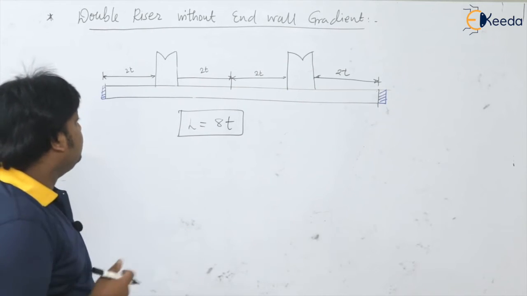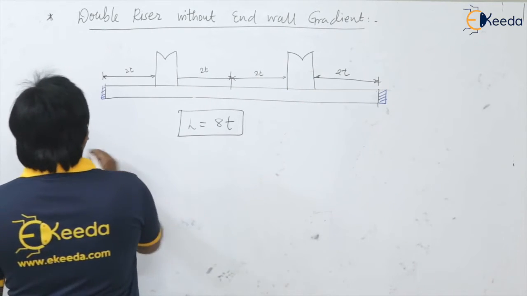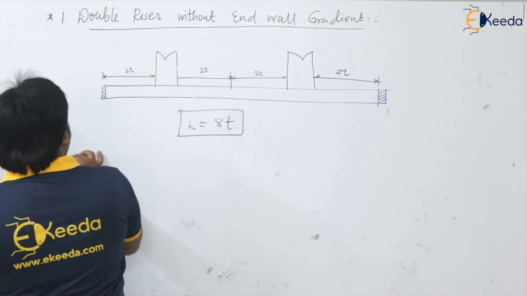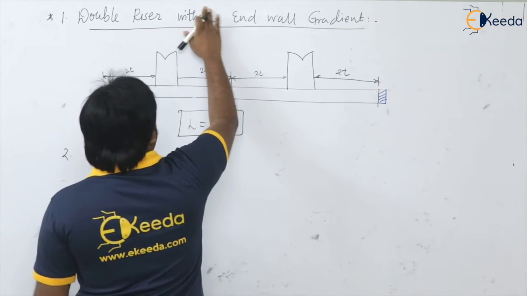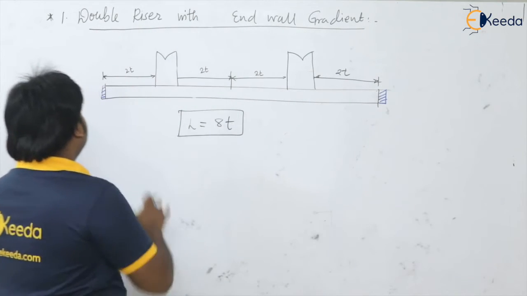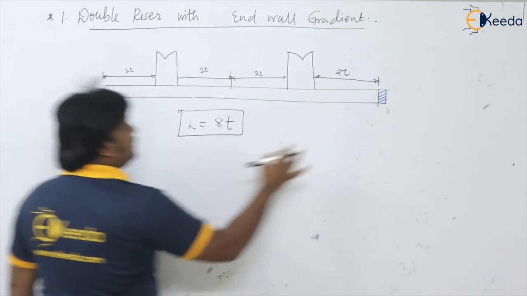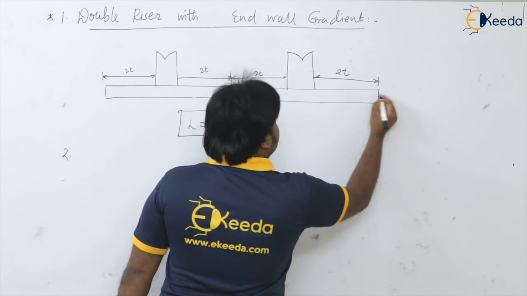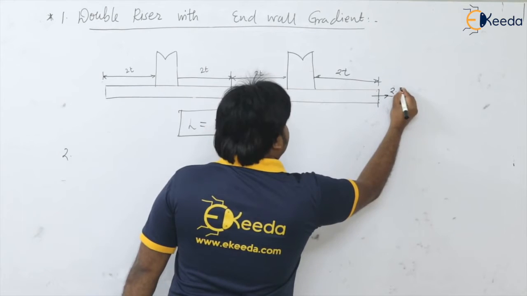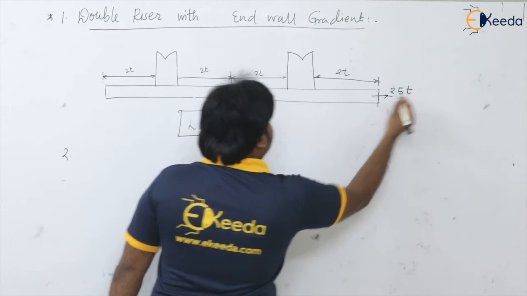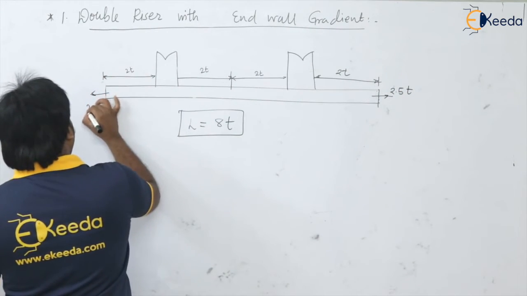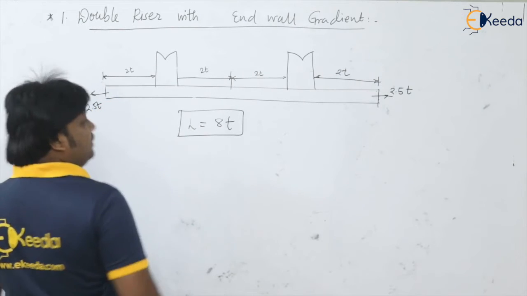Very easy. Now the second condition, the double riser with the end wall gradient, means now I am removing this insulation. Now heat is allowed to transfer. We are getting this gradient as 2.5T, the end wall gradient, from here 2.5T, isn't it?